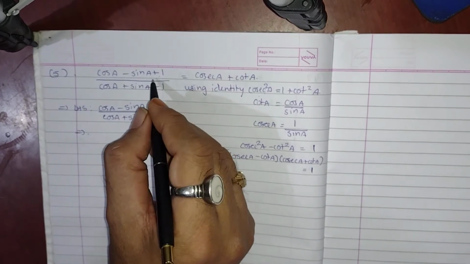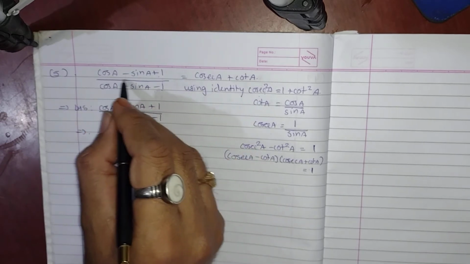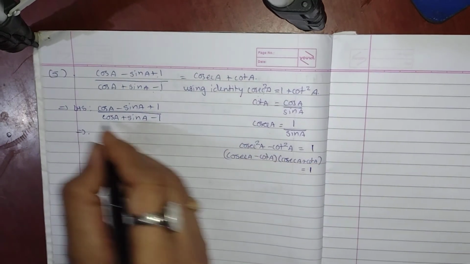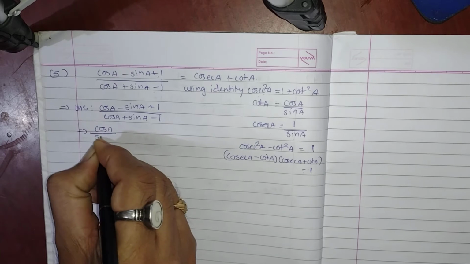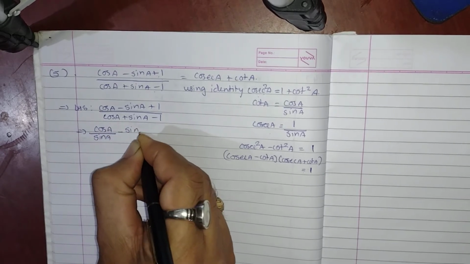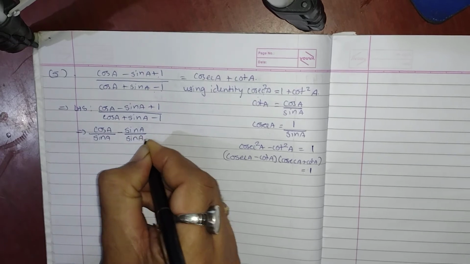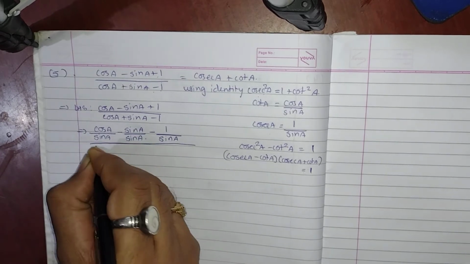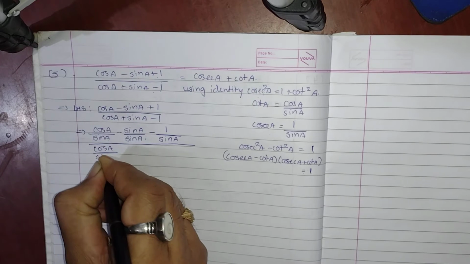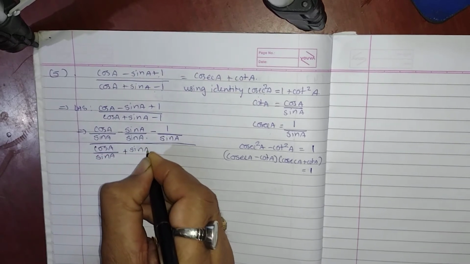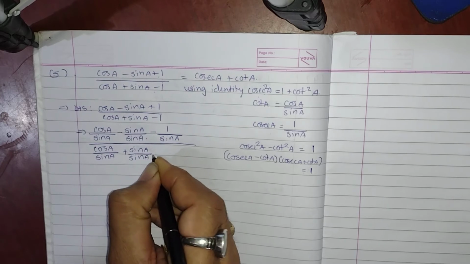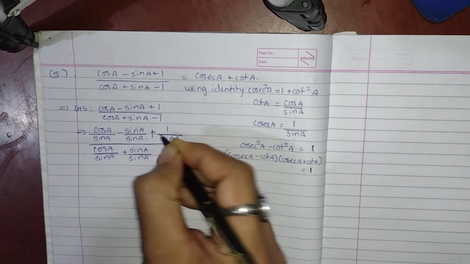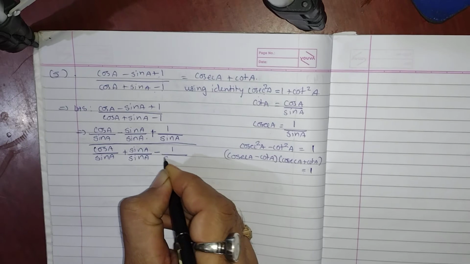So use your common sense, we have to convert each one into cosec and cot, so we divide each one by sin A. So cos A upon sin A minus sin A upon sin A minus 1 upon sin A, upon cos A upon sin A plus sin A upon sin A, minus 1 upon sin A. In the numerator it is a plus, and in the denominator it is a minus.